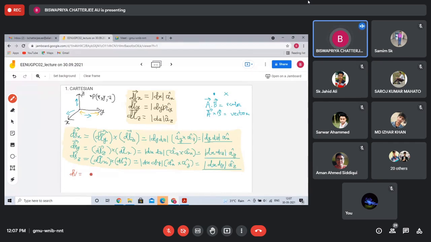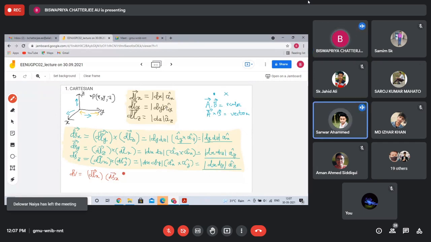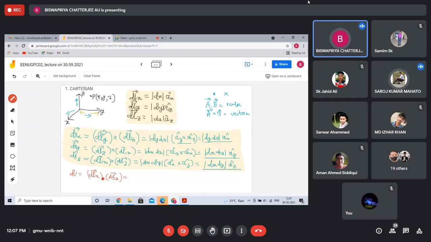So you must multiply dlx with dsx. Can you tell me which product it should be? Dot product, sir, because the resultant is a scalar, so it must be a dot product. Yes, sir.